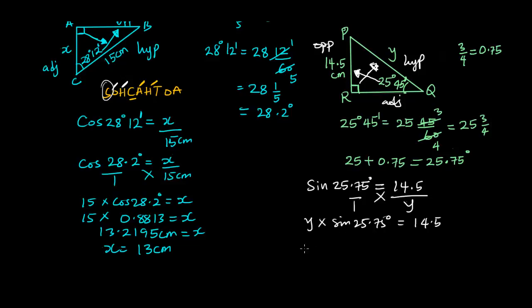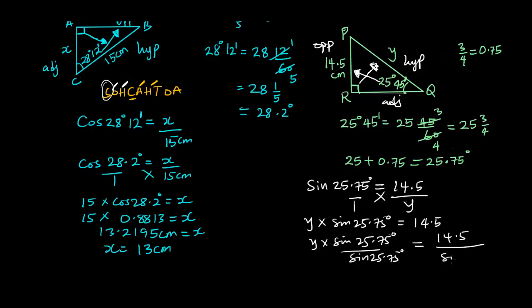You notice here we need y, so we can divide the left hand side by sine 25.75 degrees to cancel it off. Whatever you do to one side of the equation you must also do to the other side.